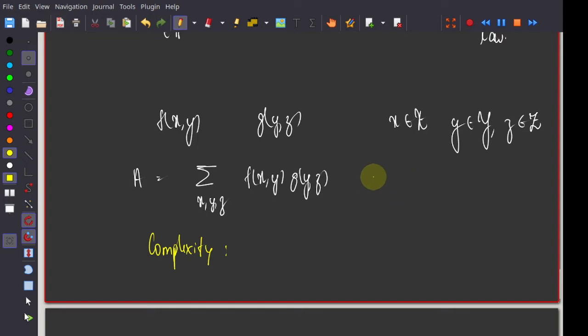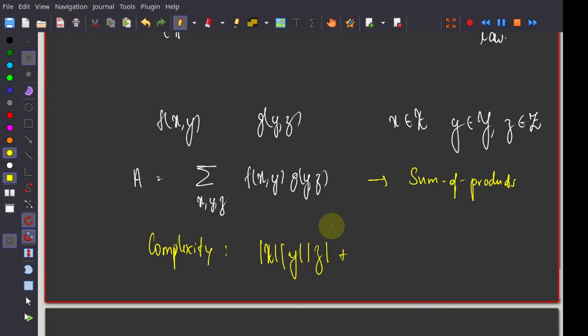So this is what is sometimes called a sum of product term. And how many product terms are there? The number of product terms is size of X times size of Y times size of Z. For every term, I have to perform one multiplication. So the total number of multiplications is size of X times size of Y times size of Z.